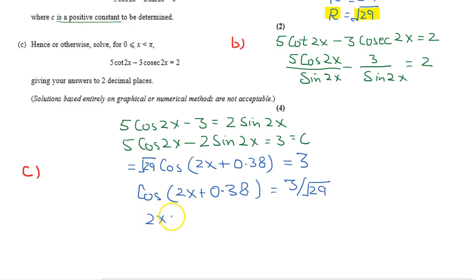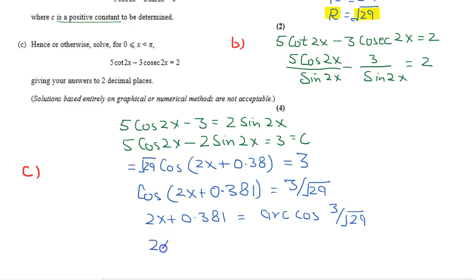So 2x plus 0.381 up to 3 places of decimal. So you can write it as arc cos 3 over root 29.